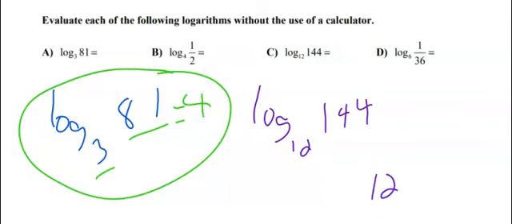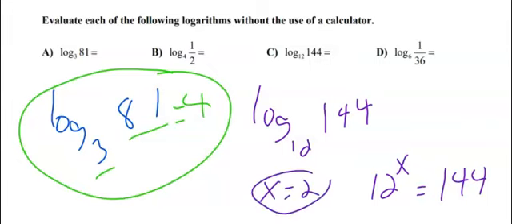So 12 to some unknown power is 144. Well, you might just know it's 2, because 12 to the second is 144. So I think that's pretty easy. x is just 2, because 144 is really 12 to the second power. So x has to be 2.